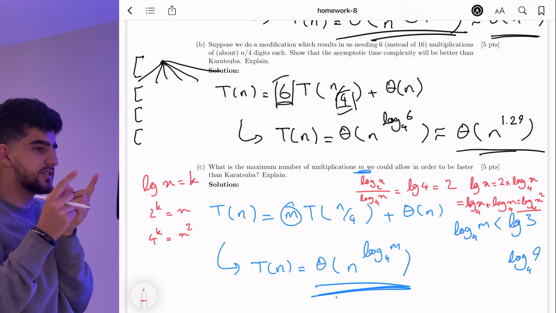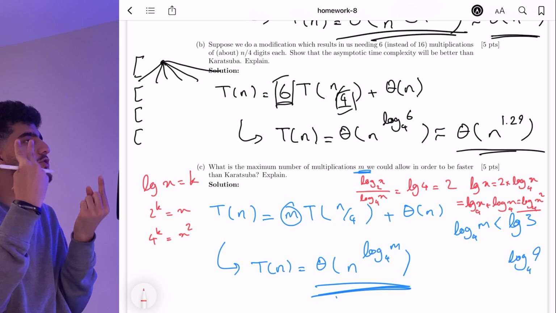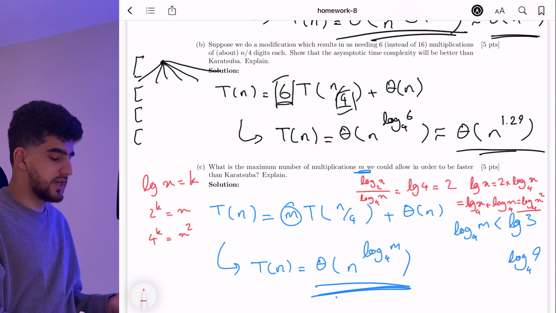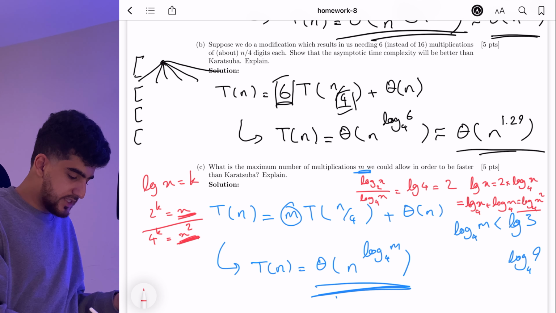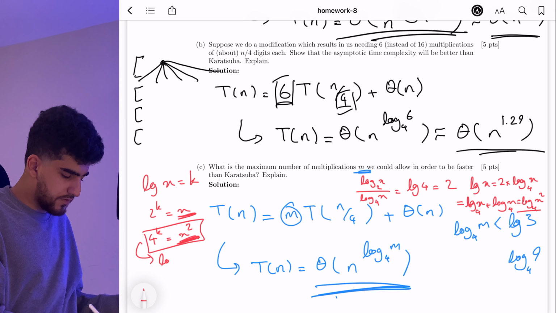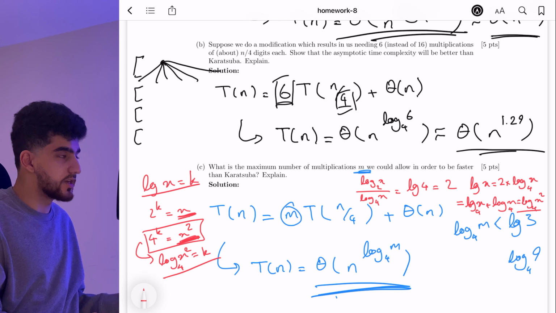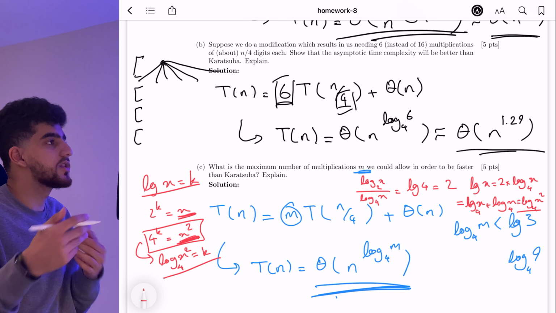So instead of one 2, you have two 2's. So when instead of 2 to the power of k, you have 4 to the power of k, if 2 to the power of k is x, 4 to the power of k is x squared. So it means that log of x squared in base 4 is equal to k again. So these two are equal. This is another intuitive way to say that these two are equal.